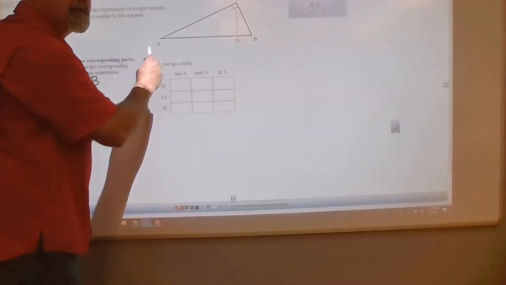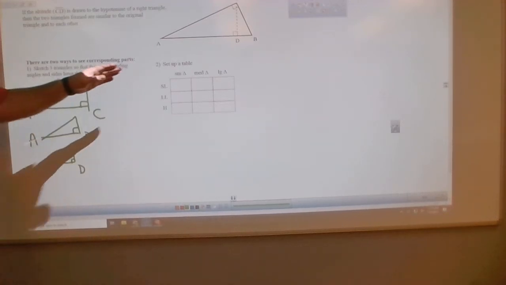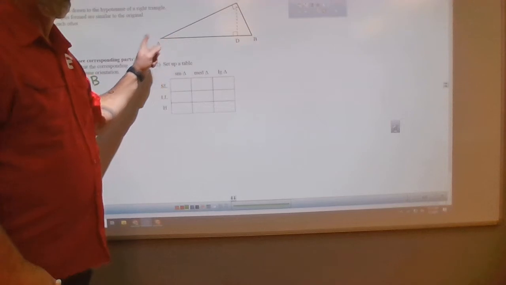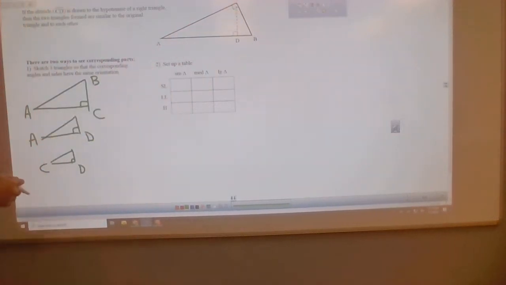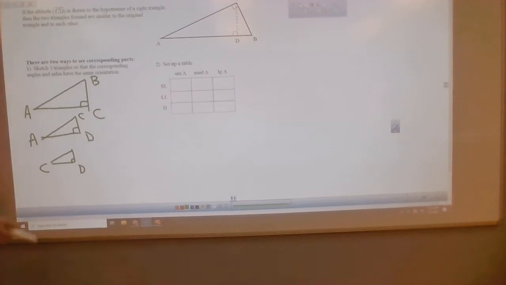See how the hypotenuse is AB? What's the hypotenuse of the medium-sized one? CA. And the hypotenuse on the smallest triangle? CB.